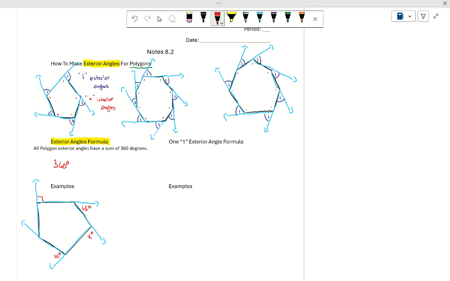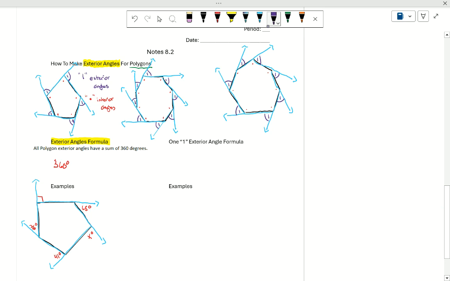And that last exterior angle over here on the left is 76 degrees. We can use the fact that no matter what type of polygon we're working with, all polygon exterior angles have a sum of 360 degrees. We can use that fact to figure out the value for X.